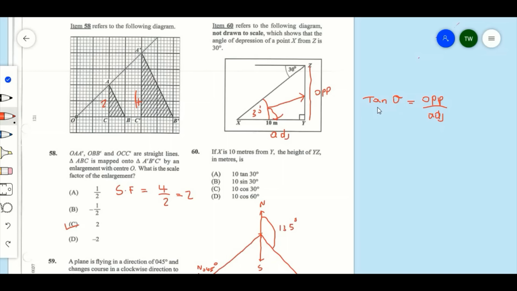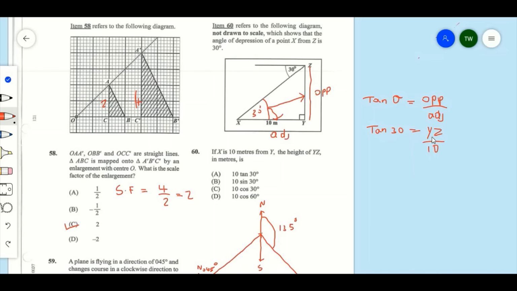And the angle here is going to be 30. So what we're going to do is substitute these values. So therefore, tan of 30 degrees is going to equal the opposite side, which is YZ in this case, over the adjacent side, which is going to be 10 in this case.